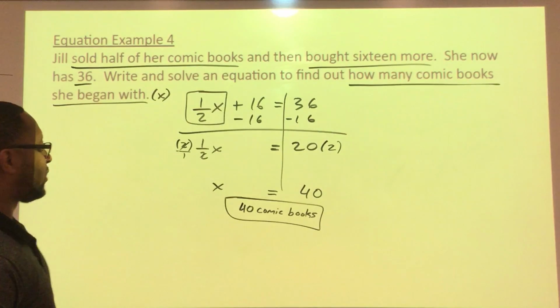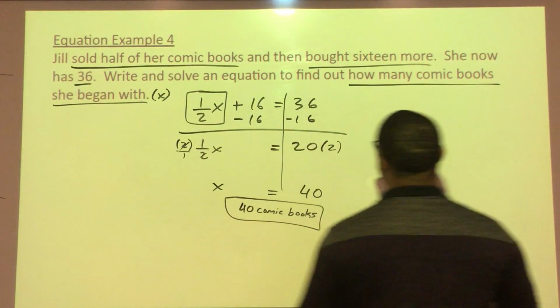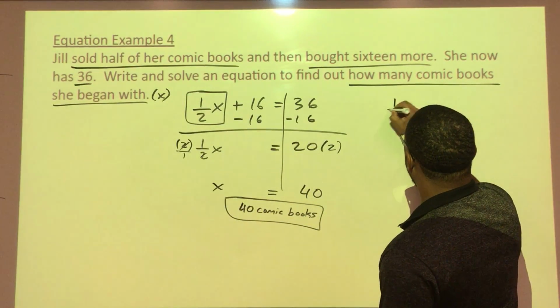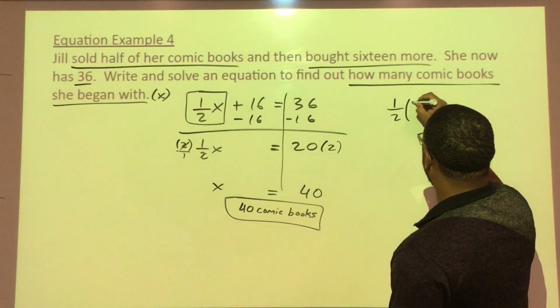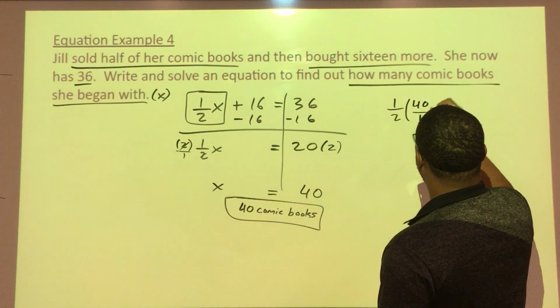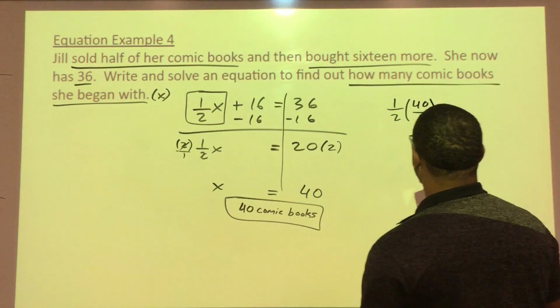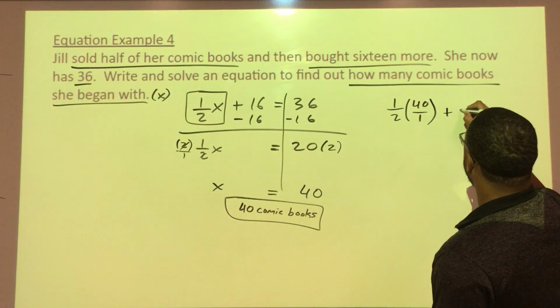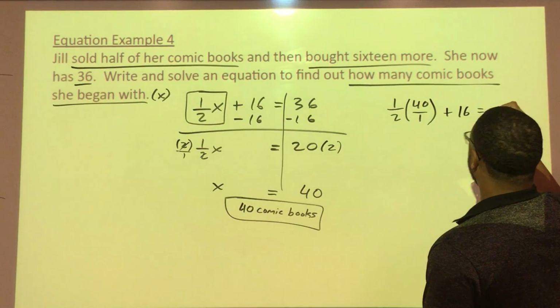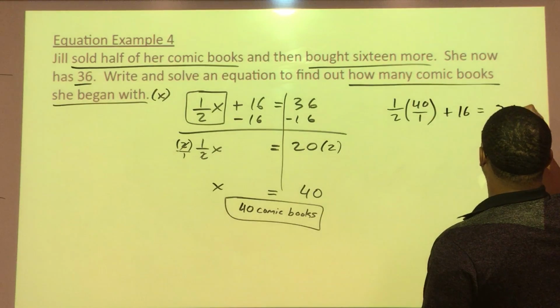And now we can check to make sure that that is correct. So let's do 1/2. And instead of x, we're going to plug in 40, but remember, we're going to do 40 over 1. Anytime you multiply fractions, that's what you want to do. We're going to add 16 and see, does that give us 36?